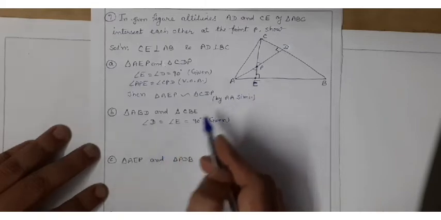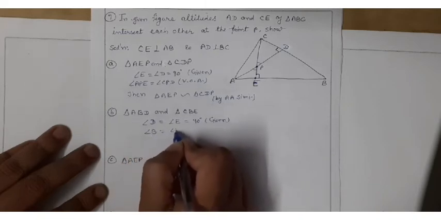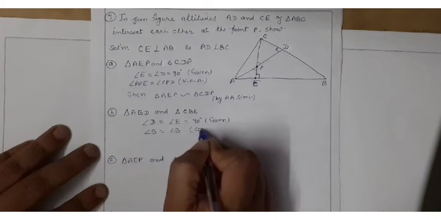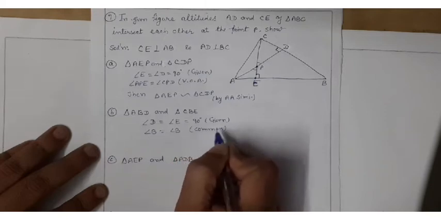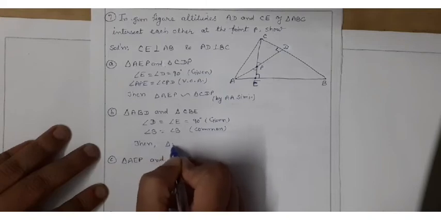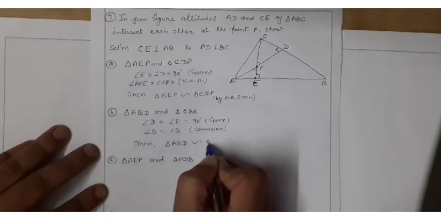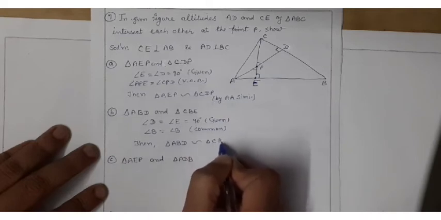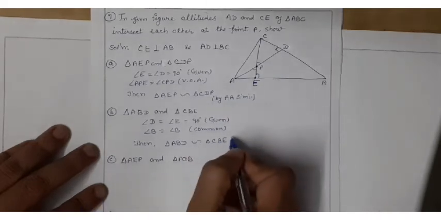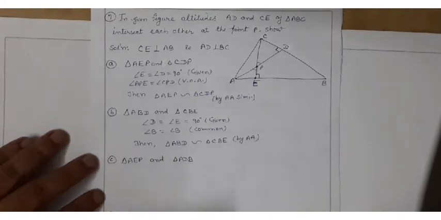And in both triangles, angle B is common. Angle B is equal to angle B. This is your common angle. Then triangle ABD should be similar to triangle CBE by again AA similarity.